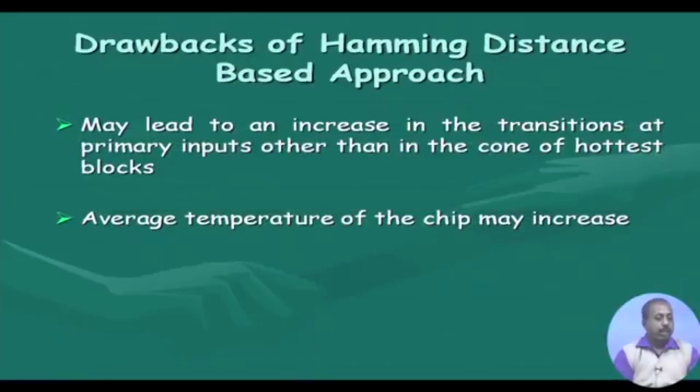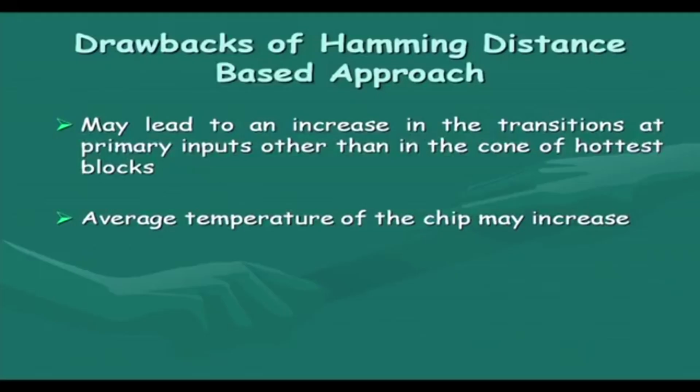But the problem in this case is that it may lead to an increase in the transitions at primary inputs other than in the cone of the hottest block. Since we have this weight factor, which is helping the high temperature blocks to reduce temperature, in effect it can increase the transitions at the primary inputs which are not feeding the hottest cone but some other cone, and as a result that new cone becomes hotter than this one.